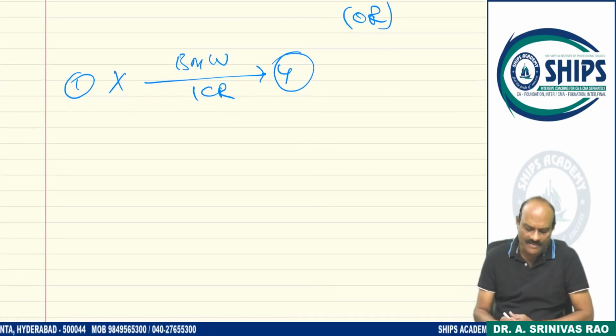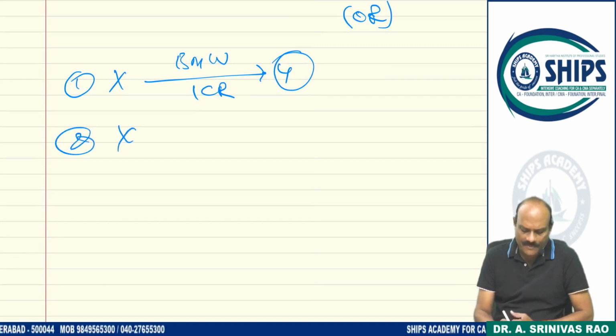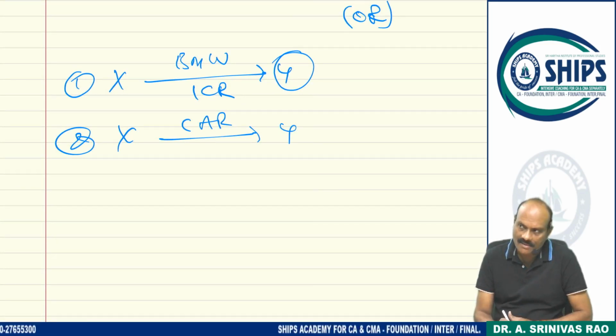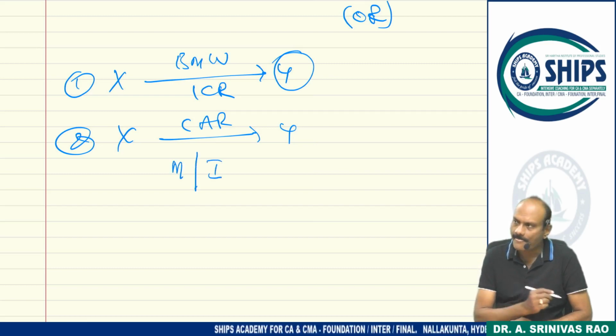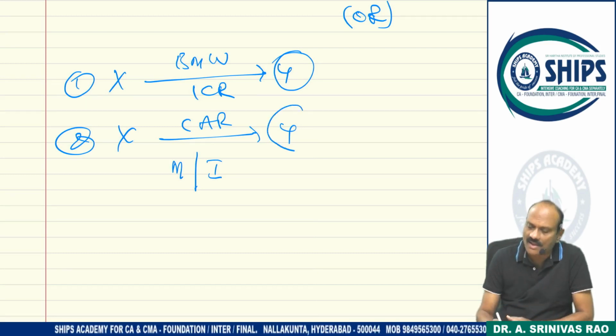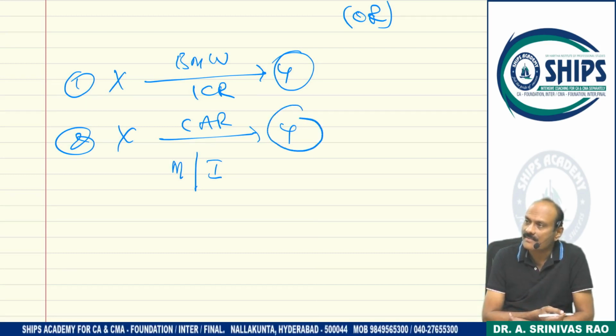Fine. One more example. X made a proposal to Y: Mr. Y, will you buy my car? But he has two cars, one is a Maruti, the other an Indica. Y said yes, but he has two cars. Which car, man?